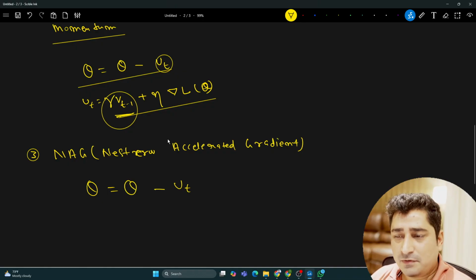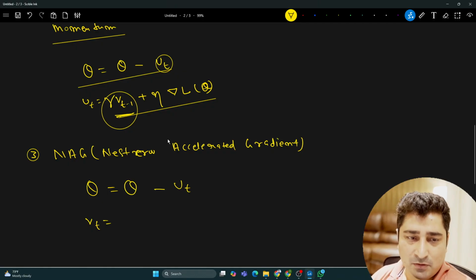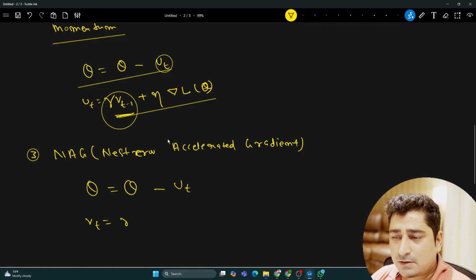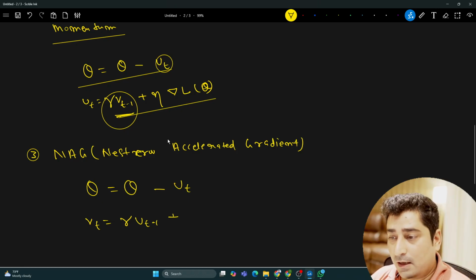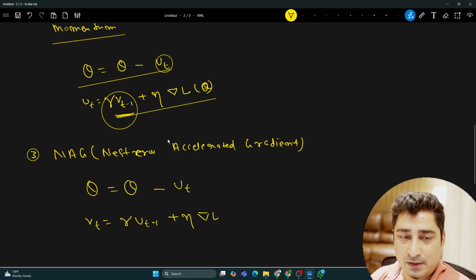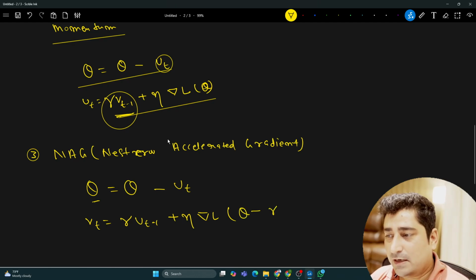So here in case of Nesterov, they have given a new equation for this particular component. They said that gamma Vt minus 1, which was the same as in momentum before, plus eta times the partial derivative, but not just with respect to theta, meaning not just with respect to W or B, but with respect to theta minus gamma V of t minus 1.